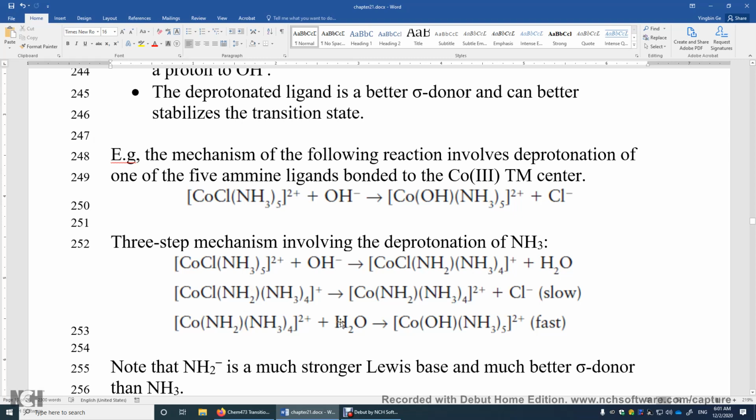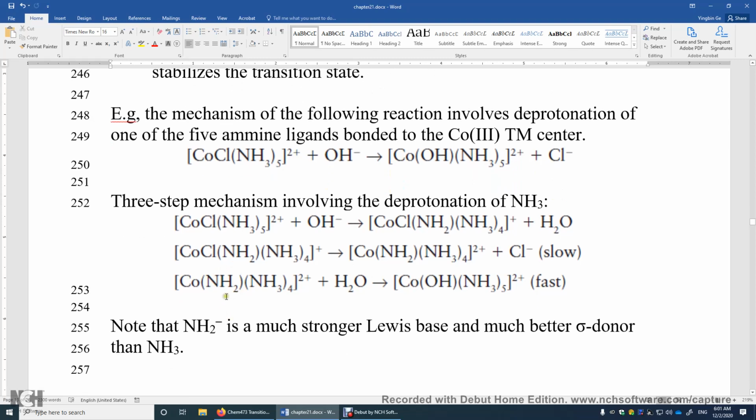And then this is a faster step. Water comes in and forms an OH- ligand, hydroxyl ligand, bonded to this cobalt center. What about this NH2-? When this water approaches this cobalt center, it gives a proton to this NH2-.